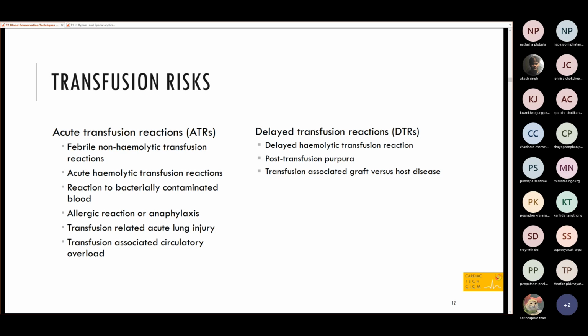Another is delayed, which means after surgery the patient has some condition change in the ICU because of the blood you gave. So for the acute type, what we need to be most concerned about is allergic reactions or anaphylactic response, because it's a very serious condition for the patients.